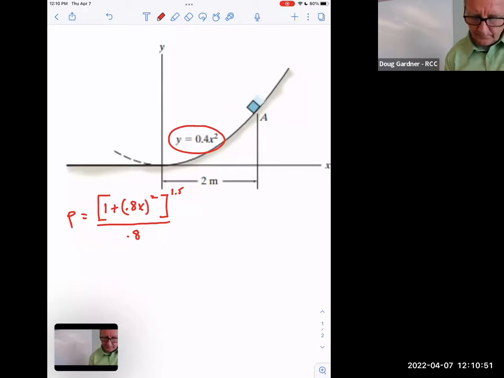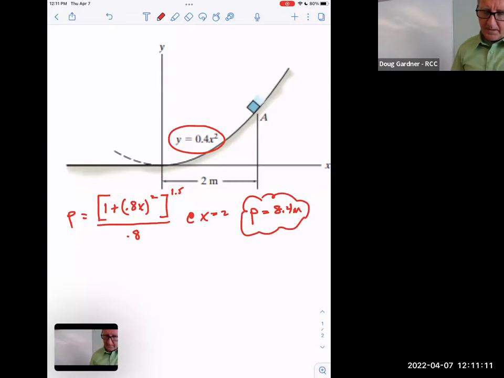So at x equals 2, what do I get if I throw 2 into that beautiful disaster? I get that rho is about 8.4 meters. Again, I'm just saying, hey, I got this formula over here.